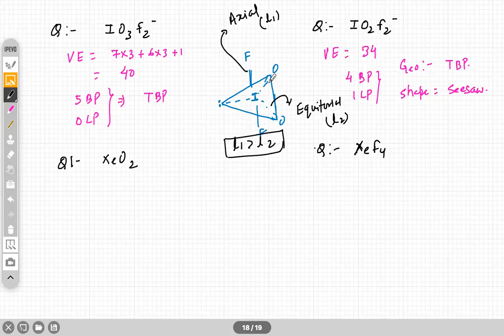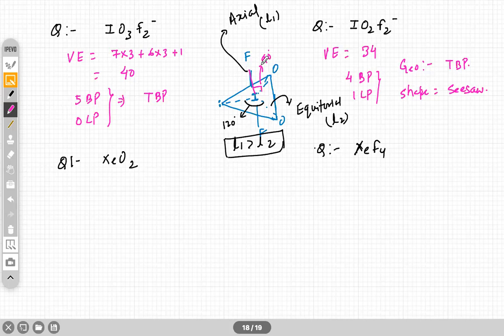The bond angle here you see between this bond and the plane of the triangle, this bond angle is 90 degree. This bond angle is 120. This is 120 in the plane of the triangle. And this bond angle between this bond and this plane, plane of the triangle, it is 90 degree. 2 different bond angles we also have here.